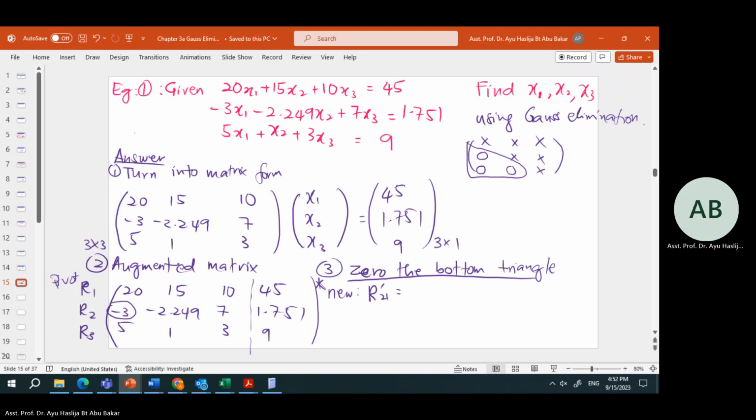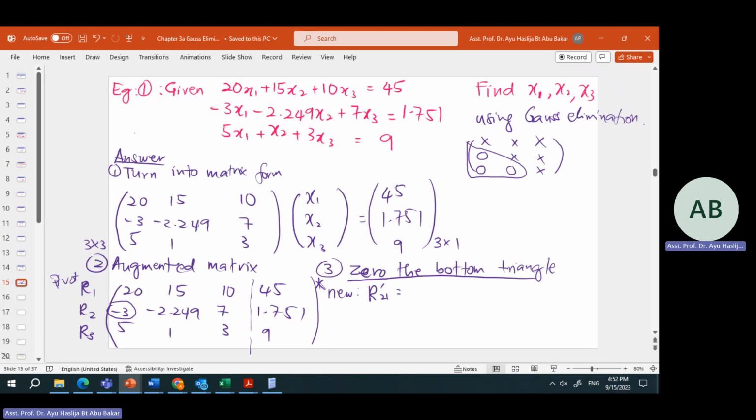Yes, correct. Now, how to get that +3 to make it 0? Yes, you can get 0. This is the correct way, +3.